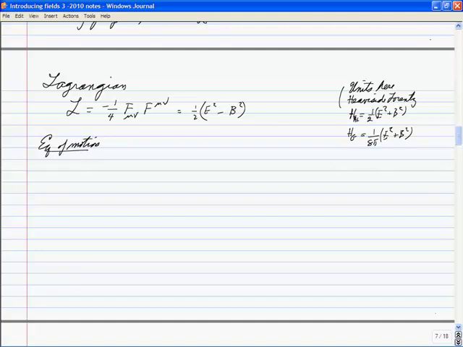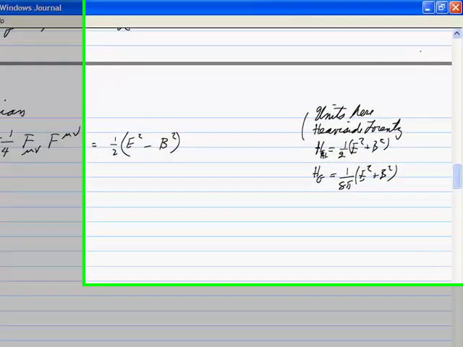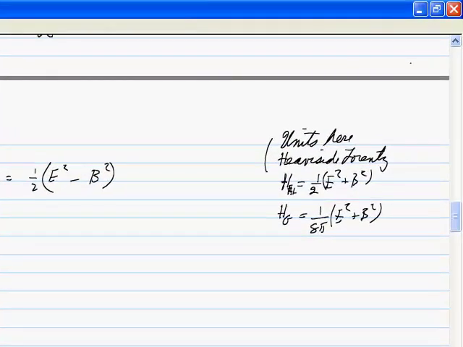Okay, the equations of motion, remember, here's what they are. They're d mu of partial L with respect to d mu of the field, which is A nu, minus dL/dA nu equals 0.